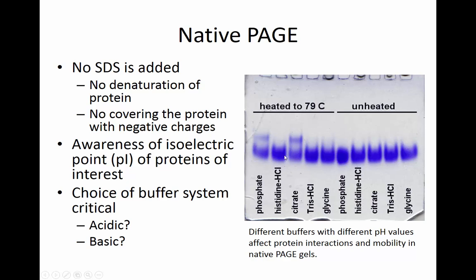So you can see certain buffers have certain effects, where with this protein, whatever it is, it looks like a purified protein, has possibly dimerization going on in either phosphate or citrate buffer. And whether that's what the authors of the study wanted, I don't know. But this is basically illustrative of the different interactions that could occur depending on whether you're using an acidic or basic buffer.